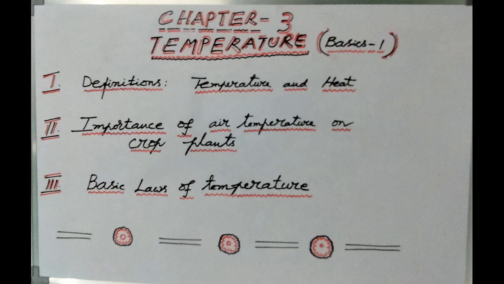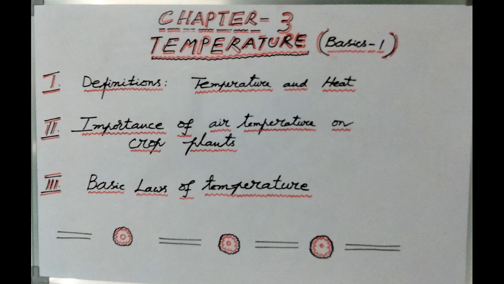Now, the next part of our class is the importance of air temperature on crop plants. As I said a minute back, the temperature chapter is divided into two major groups, air temperature and soil temperature. Now we are discussing air temperature. Air temperature influences distribution of crop plants and vegetation.